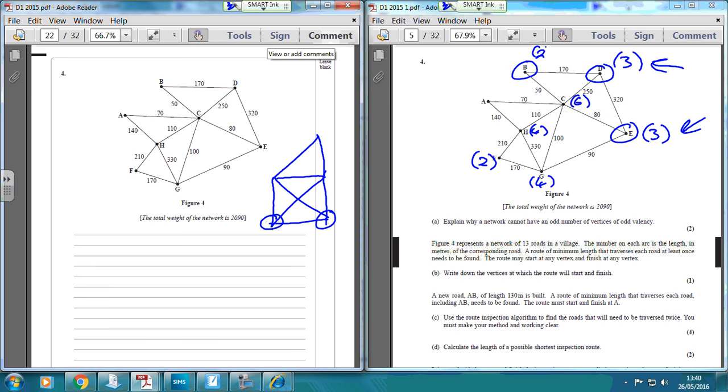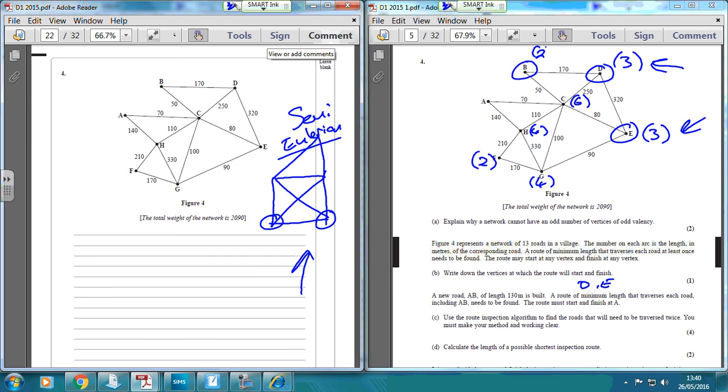Here we've got 2 odd vertices, D and E. So we've got to start at D and end at E. This is called semi-Eulerian, which means you can draw the shape without taking your pen off the paper, but you've got to start at one of the odd ones and end at the other one.